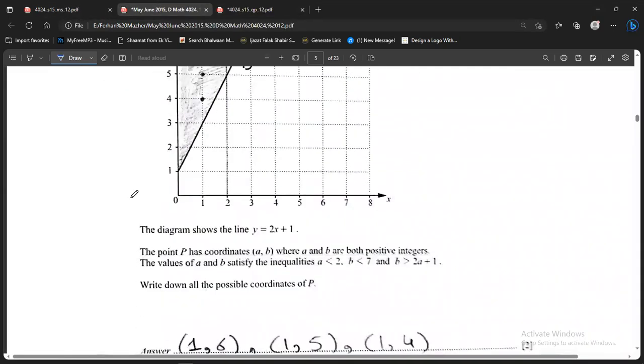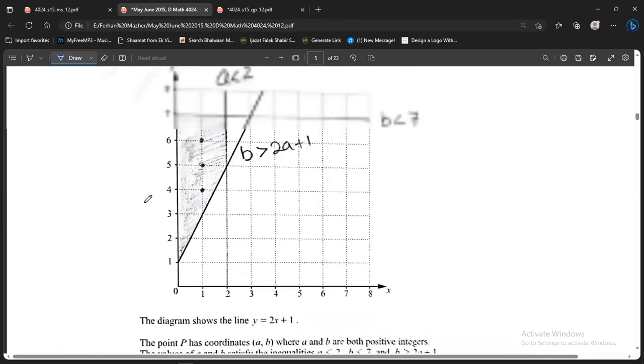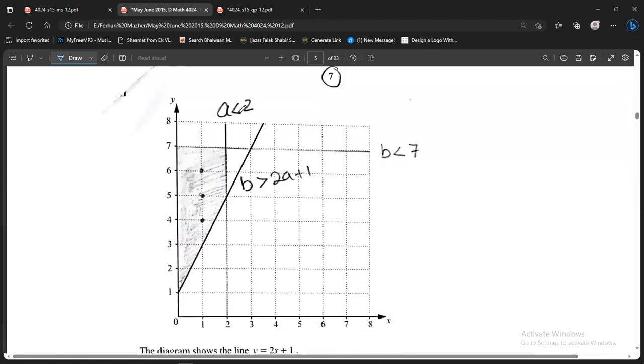Now, according to these inequalities, because this is x less than 2, the area is on the left side of this vertical line. Here you have y less than 7, so you will remain below this line because the crocodile's back is towards the y. So you have to remain on the left side of this line and below this line.